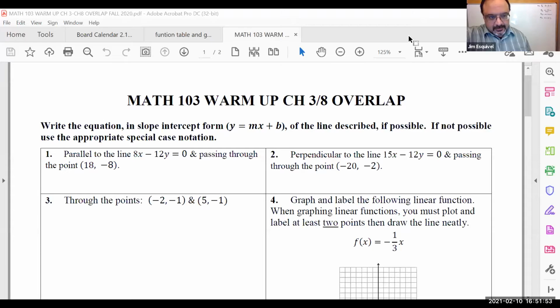Whole bunch of people writing their answers in decimals on the slope. Okay. So this is the warm up I want to talk about right here.